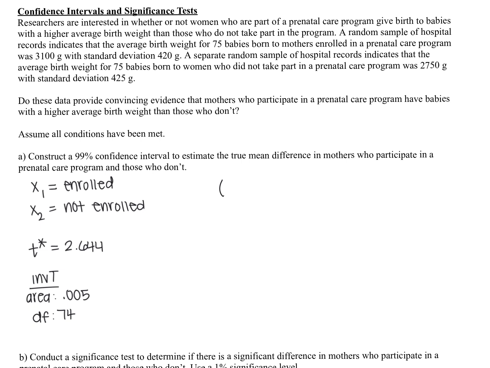So we're going to do mean 1, 3,100, minus mean 2, 2,750, plus or minus 2.644 times the square root of 420 squared over 75 plus 425 squared over 75.